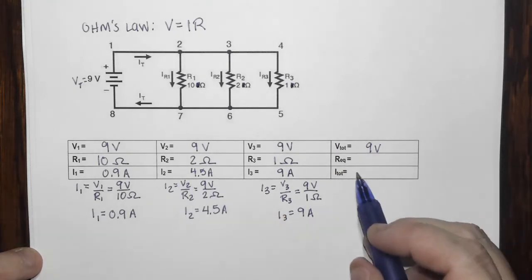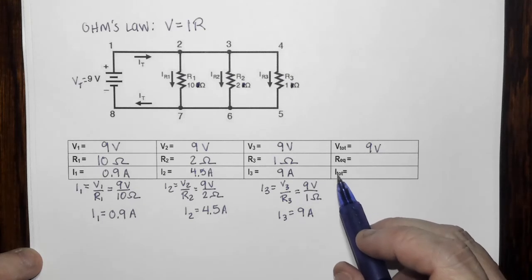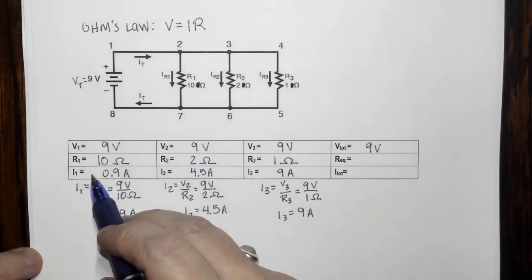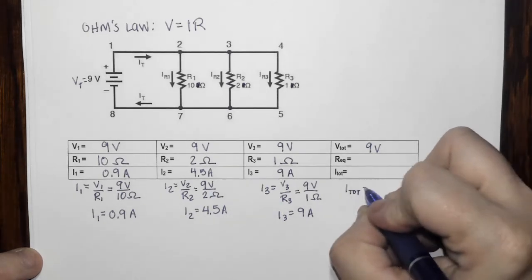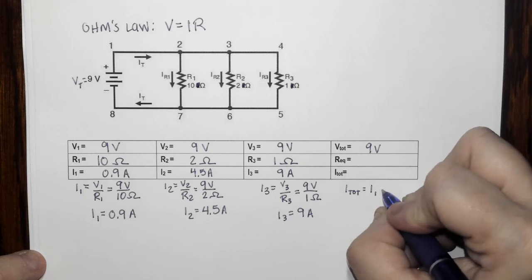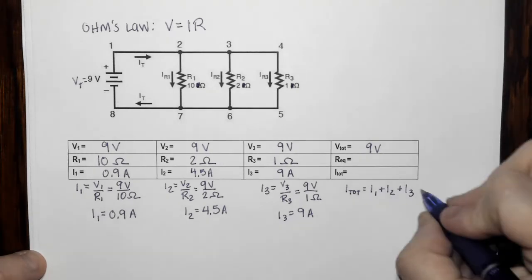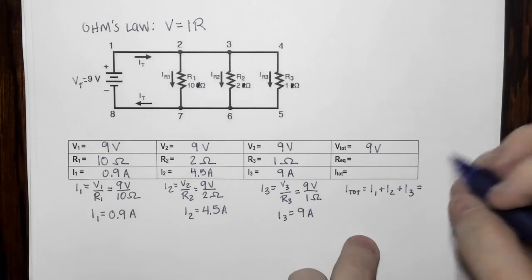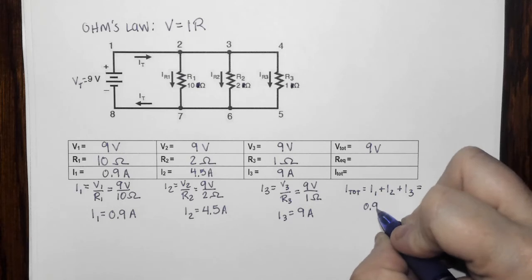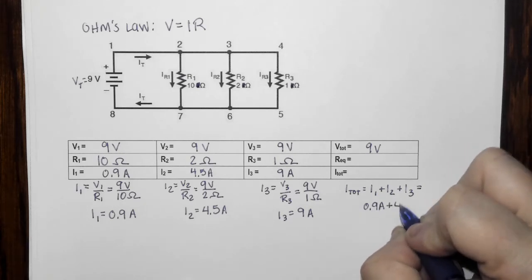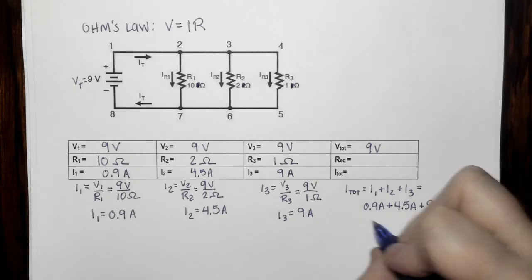Now, total, remember my circuit rule, total current in a parallel circuit is simply equal to all of the currents added together. So I total is going to be equal to I1 plus I2 plus I3, which is going to be equal to, what do we have? 0.9 amps plus 4.5 amps plus 9 amps.